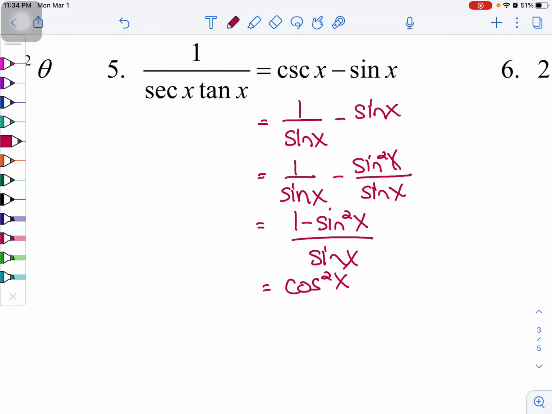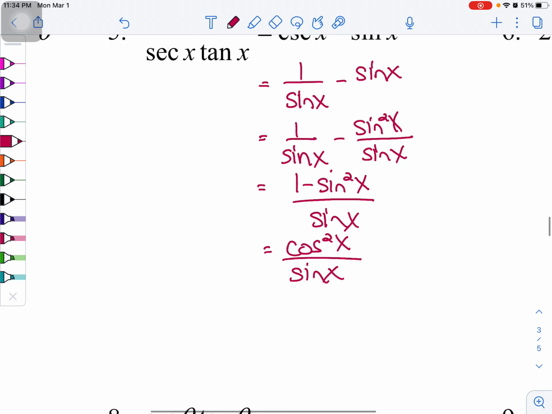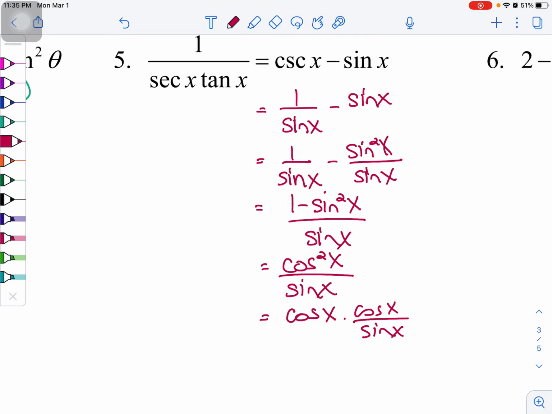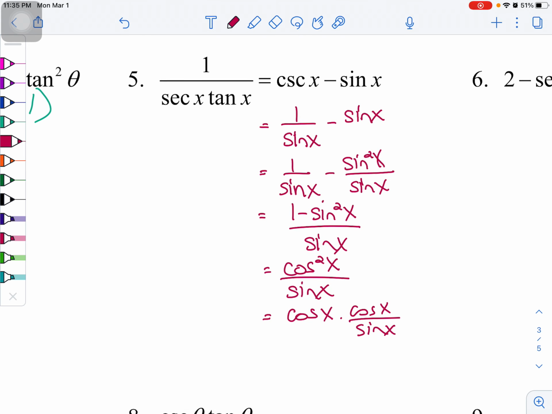That is really 1 minus sine squared of x, which is cosine squared x over sine of x. So I'm going to split this into cosine of x times cosine of x over sine of x.